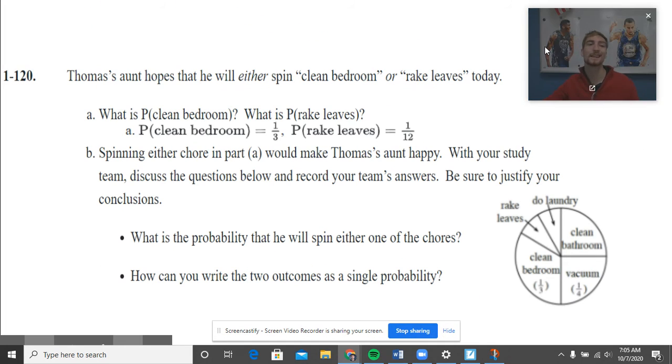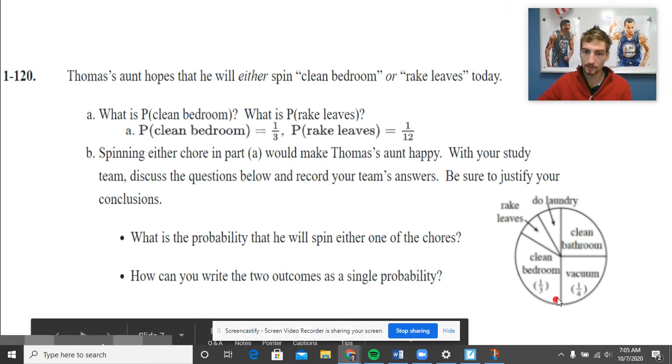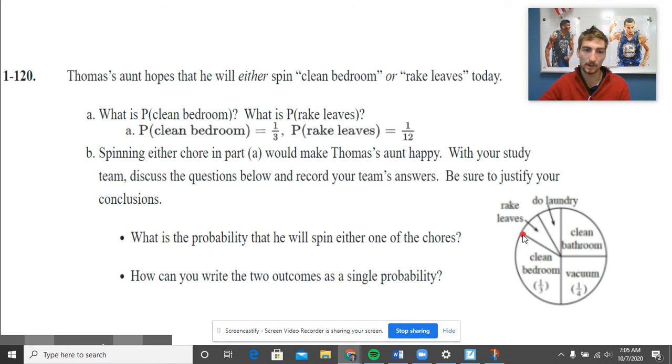All right, so now we're looking at the spinner either landing on clean bedroom or raking leaves. And so first off, we're looking at what is the probability of cleaning the bedroom and the probability of raking the leaves. So right away, the probability of cleaning the bedroom is 1/3, tells us that right here. And then the probability of raking leaves is 1/12, right? We figured that out in the first problem.